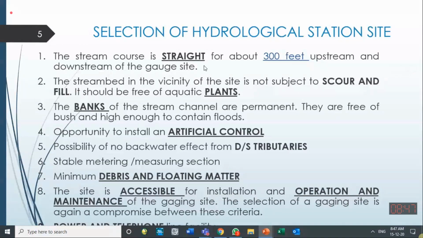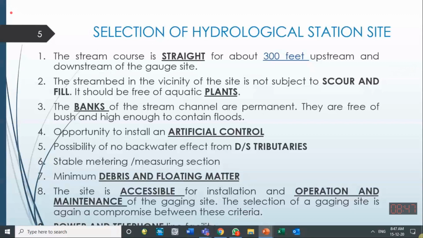Streams having high sediments and low velocity cause sediment deposition. Streams which have less sediment and high speed water, moving at high velocities, cause scour in the bed of the channel if the bed has scourable material. So we should avoid such places where scouring and filling is expected.